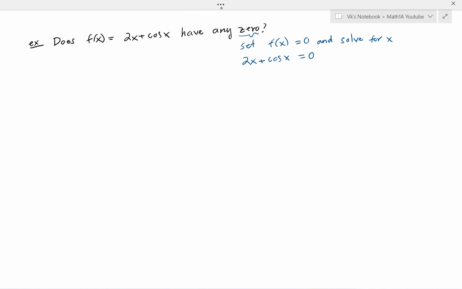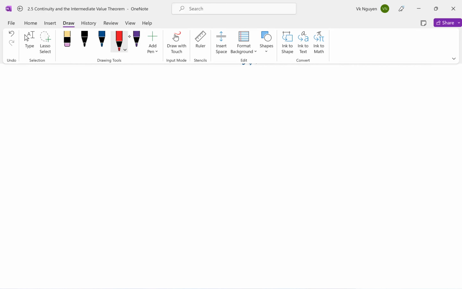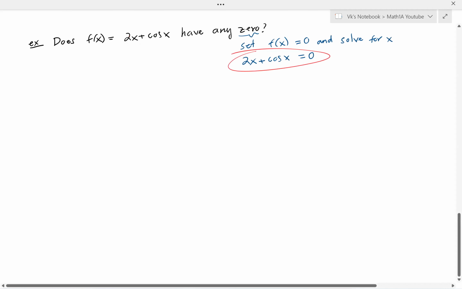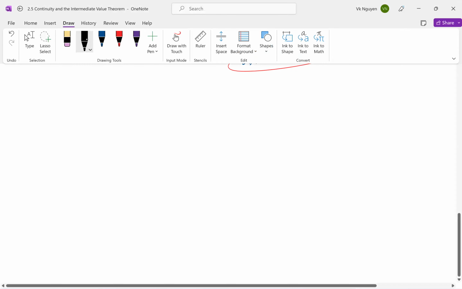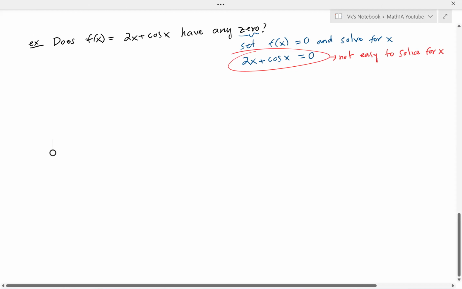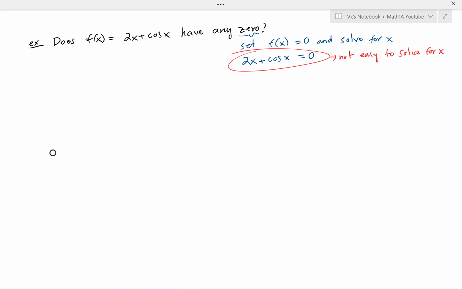As you can see, not easy to solve for x, which is why we're going to use the intermediate value theorem, because the question only asked us, does it have any 0?